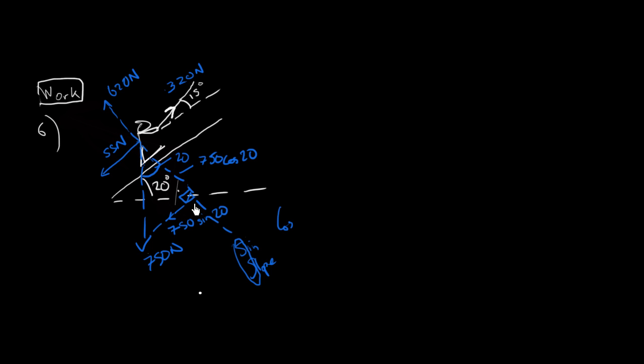It says, calculate the work done by each force on the skier as she is dragged 30 meters up the slope. So she's going to travel a displacement of 30 meters, and we want to know the work done by each force. So what are the forces? We have F1, we're going to call it the drag lift.